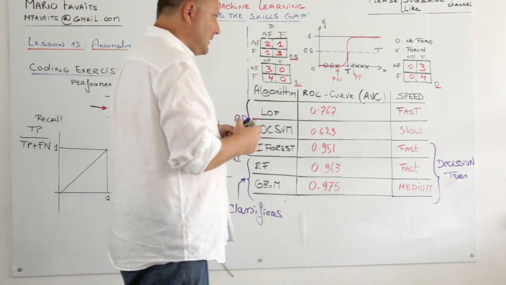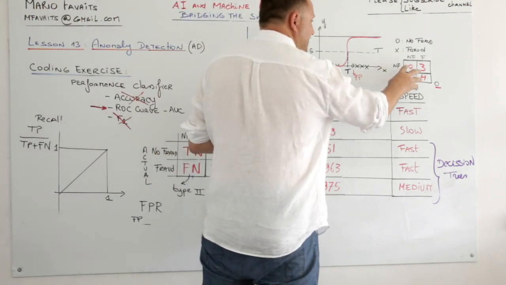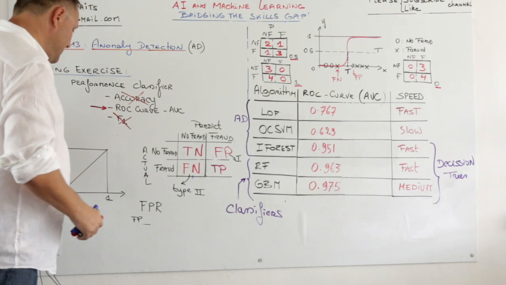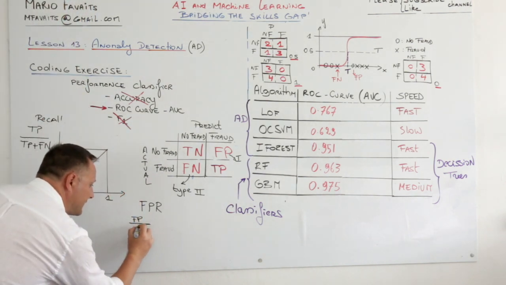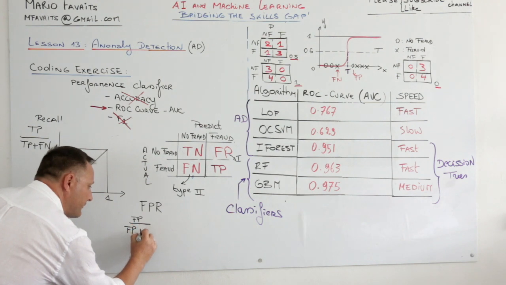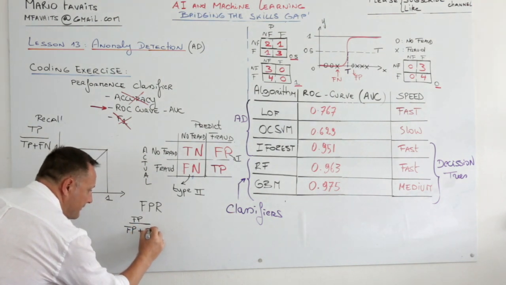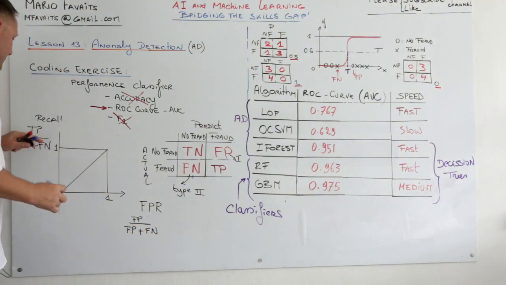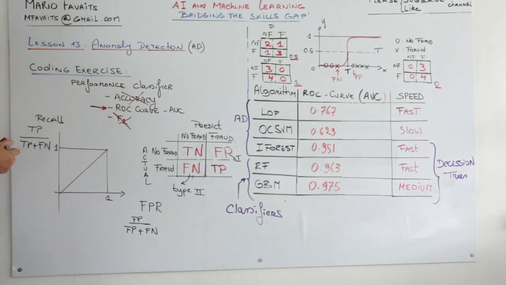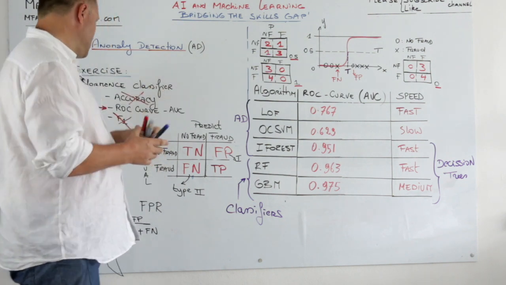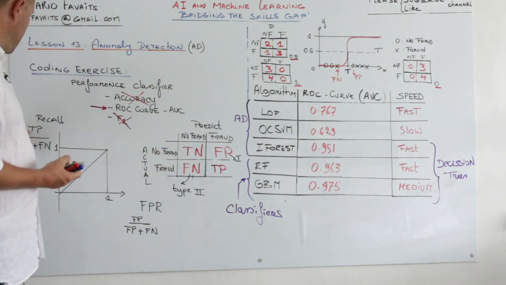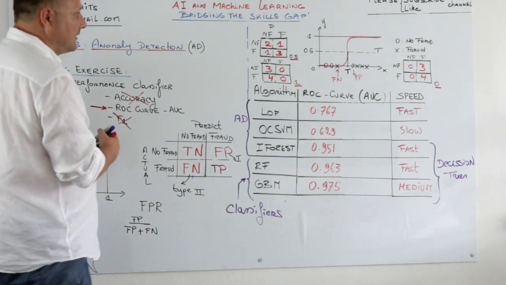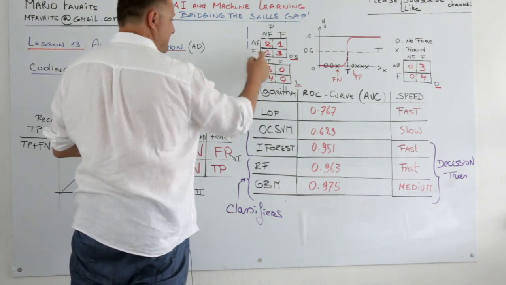So let us now, for these 3 cases, calculate the false positive rate and recall, which is the true positive rate. The false positive rate is false positives divided by false positives plus true negatives. Let's take this one here. True positive is 3, and true positive plus false negative is 4.